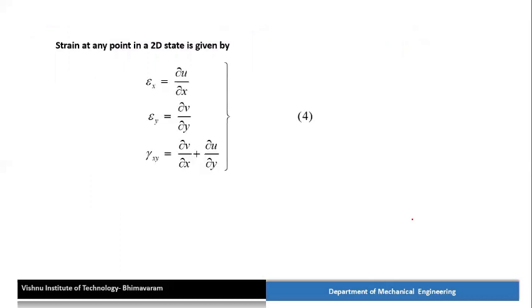So similarly, we may go for two-dimensional case. Strain at any point in 2D is given by strain in x direction is equal to dou u by dou x, and strain in y direction is equal to dou v by dou y, and shear strain is dou v by dou x plus dou u by dou y.